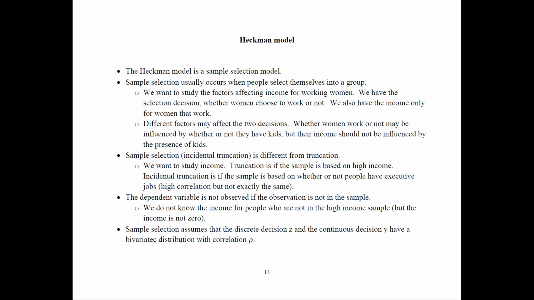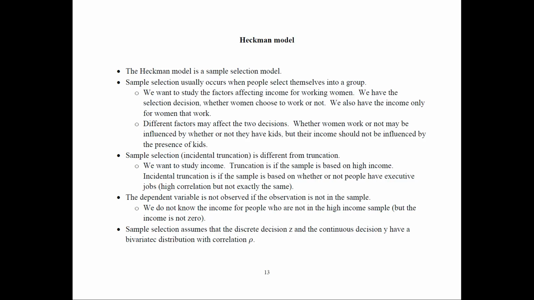So we have a cutoff value, say above 100,000, and then you just study that sample above 100,000. However, incidental truncation, or the Heckman model, is if you use some sort of approximation for the income variable, and you say that your sample could be based on whether or not people have executive jobs. Some of the executive jobs may have high income, some of them may not. So we would have a high correlation, but that's not exactly the same as truncating on the income variable.